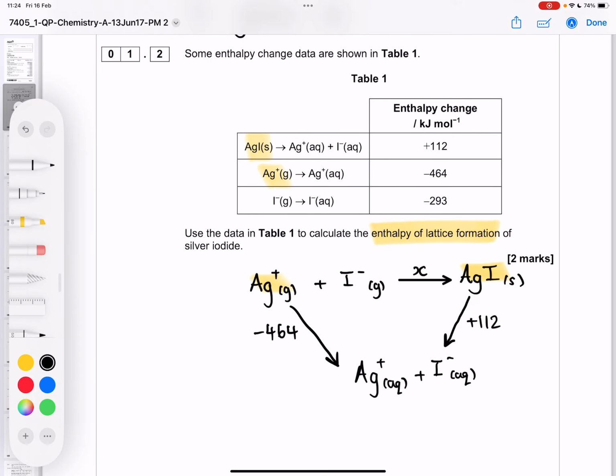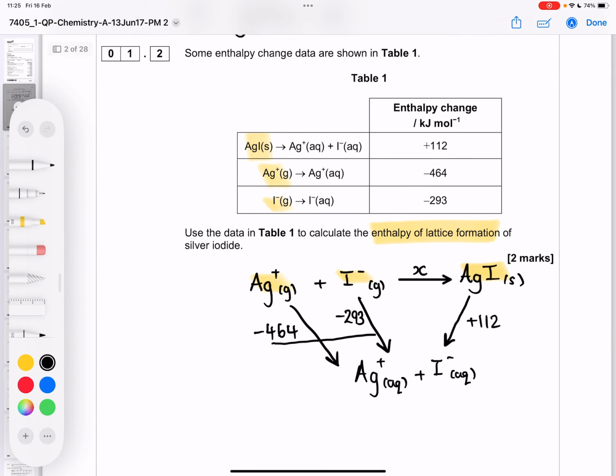And then I have a value for I- gas, going to I- (aq), which we can see is also happening down this side. This is minus 293. So in total, this side here, if we use our calculator, we can see is minus 757.